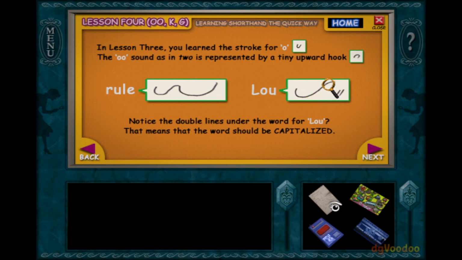Right. And then that's R. And then there's the U sound.